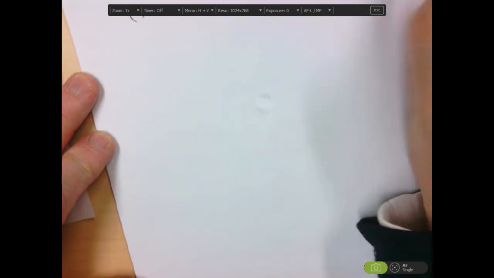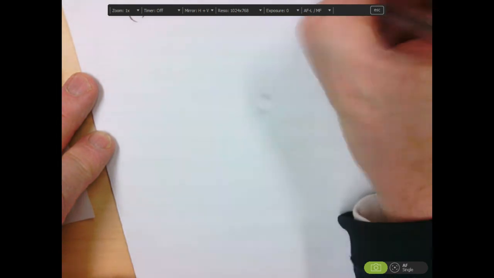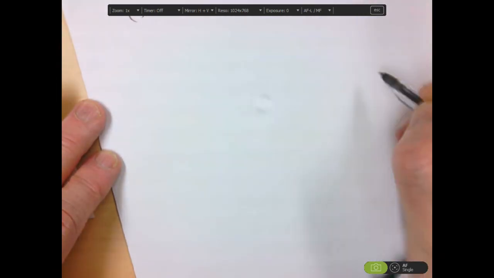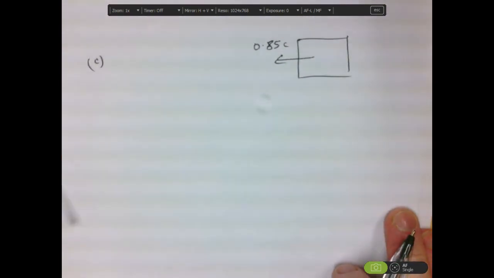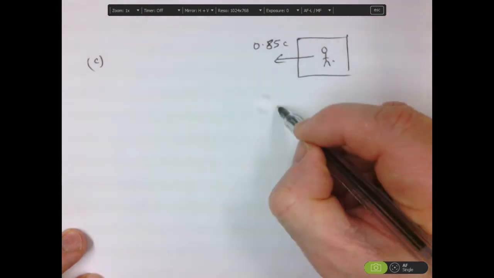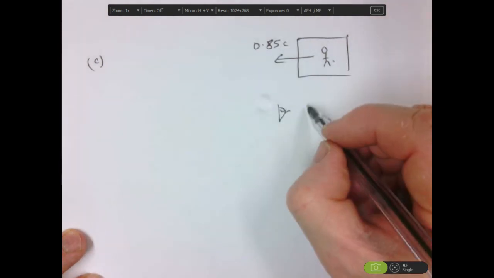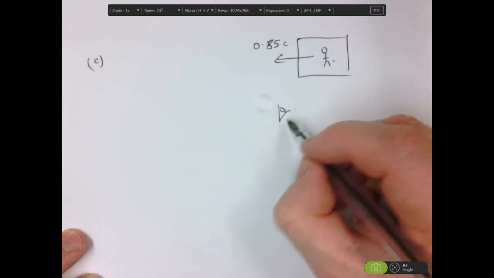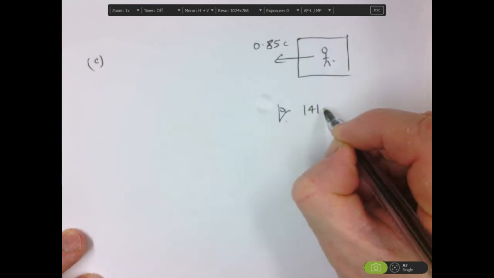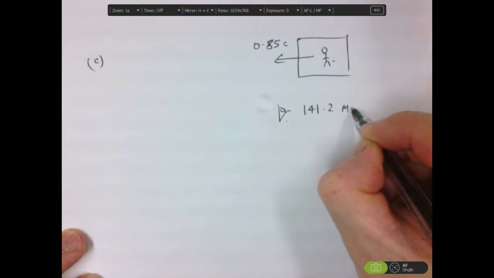Here is our craft, traveling at 0.85c. You are the stationary observer, and you see them cross in 141.2 million years.